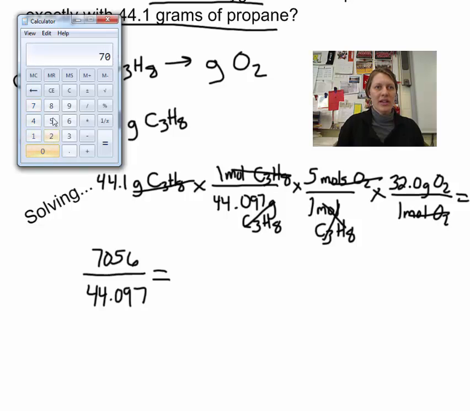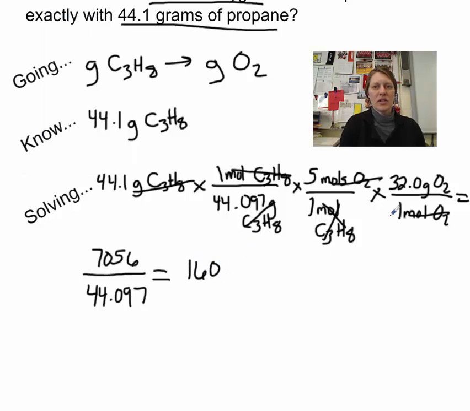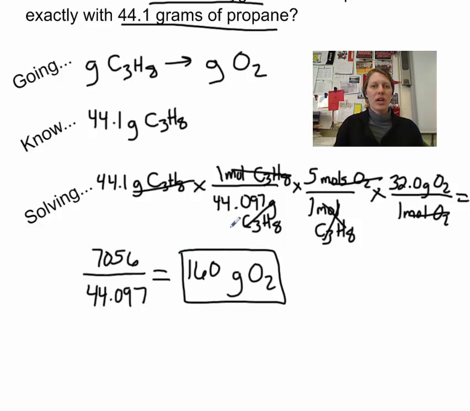As long as you're getting the right answer in the end, it doesn't matter how you plug it into your calculator. So my final answer here is 160, and that's going to be grams of oxygen, because that's the only units I'm left with. So crossing out my units as I went, using molar mass and molar ratio, I was able to go from grams of propane to grams of oxygen.